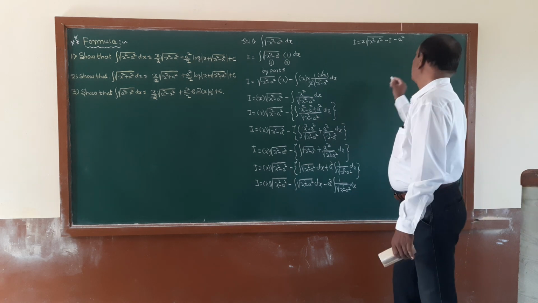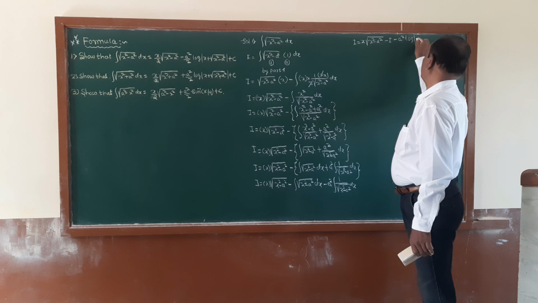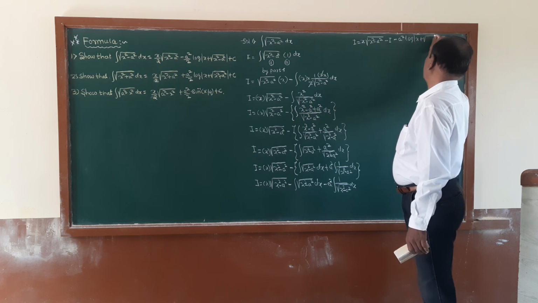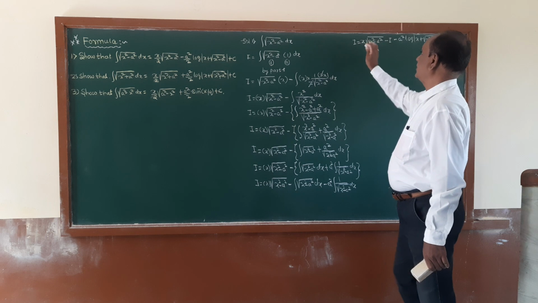We already know the formula for integral of 1 divided by root of x square minus a square. It gives log of mod of x plus root of x square minus a square, then plus a constant c. Take this minus I to this side.